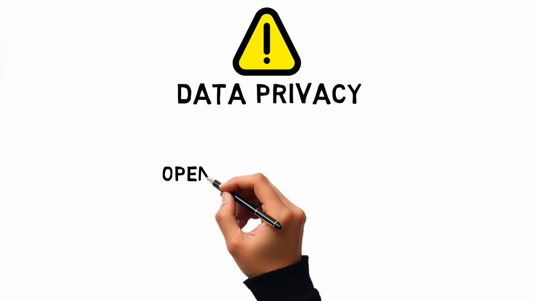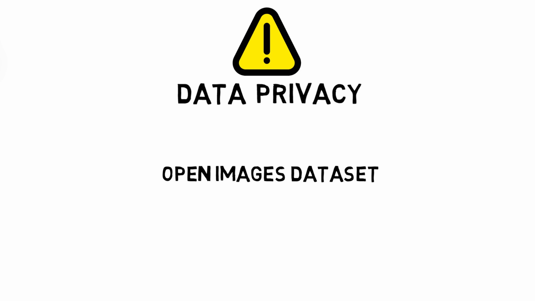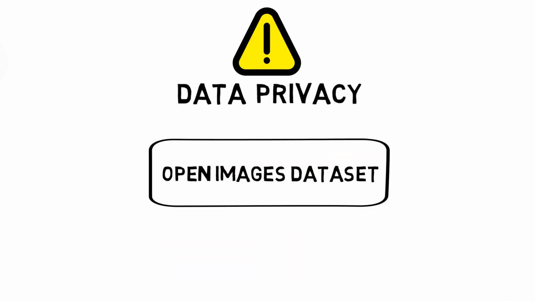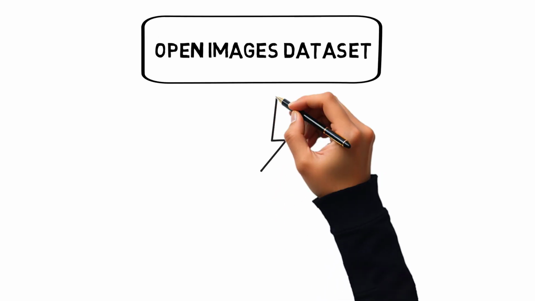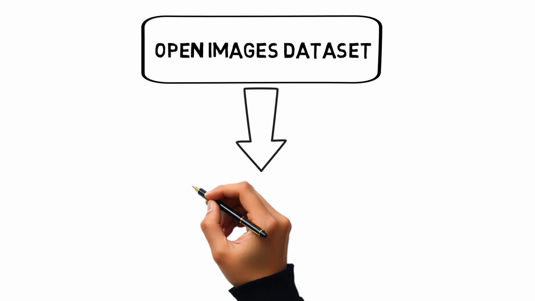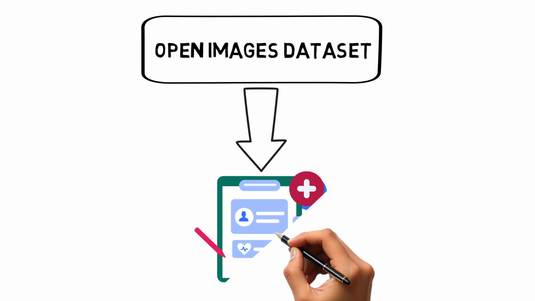For example, projects like the Open Images dataset, or MIMIC3, a dataset with real medical records, provide researchers access to data that can be used to create and improve diagnostic models. However, this data often requires special permissions and compliance with strict data protection rules.